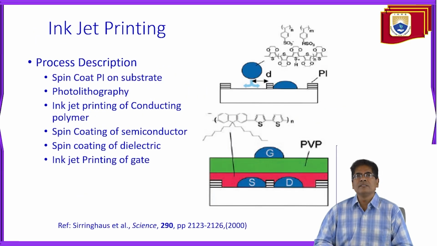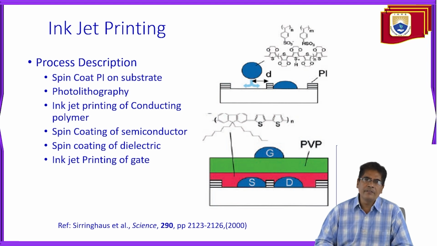Okay. So for inkjet printing, the process description is spin coating PI on substrate, photolithography, inkjet printing of conductive polymers, spin coating of semiconductor, spin coating of dielectric, inkjet printing of gate, and this is some of the description of inkjet.